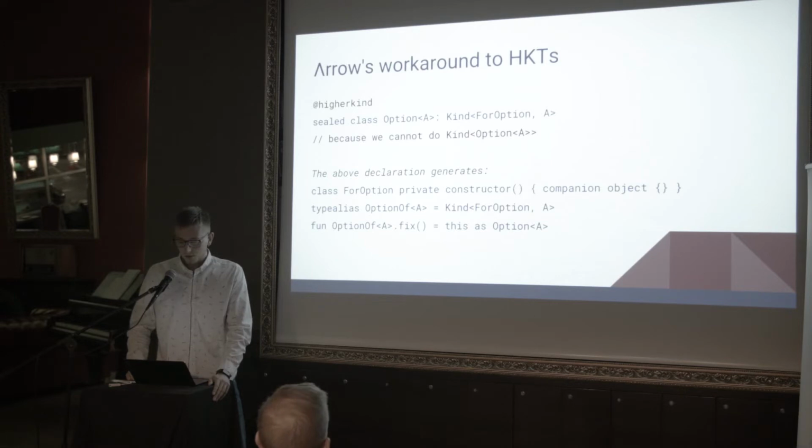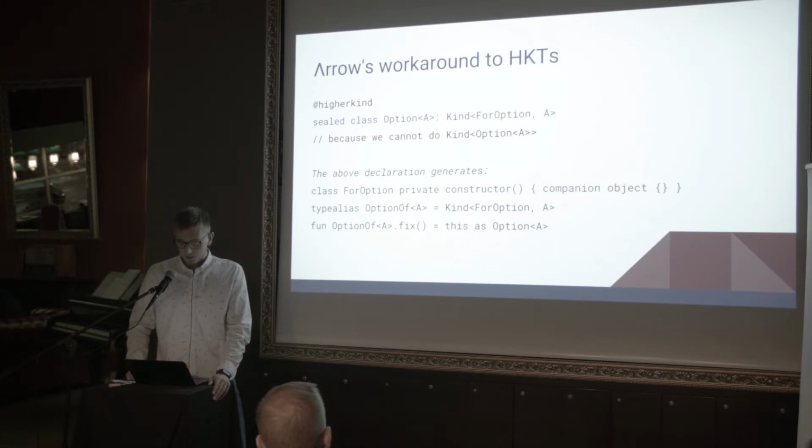So if Kotlin doesn't support higher kinded types, what is Arrow's workaround to them? They provided a higher kind annotation, which generates some useful classes, type aliases, and functions for us.